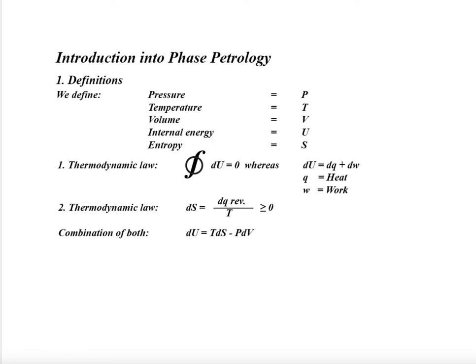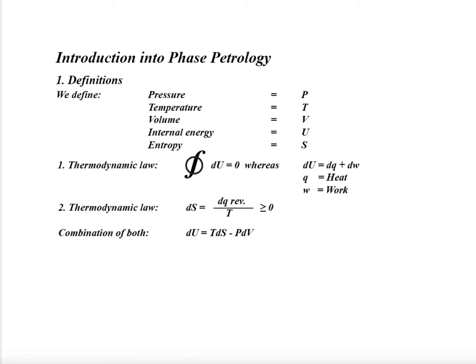Then we have the second thermodynamic law: the differential of the entropy, dS, is dQ reversible divided by the temperature T, and that is always bigger than or equal to 0. A combination of both thermodynamic laws can be described as dU = TdS - PdV.